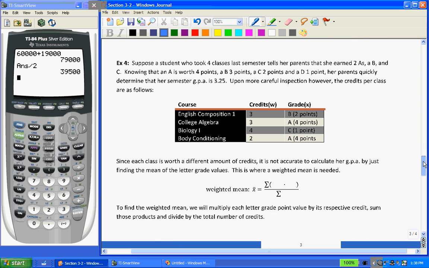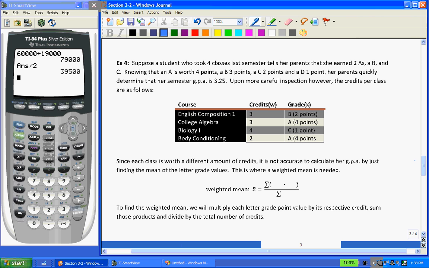Okay, here's something a little bit different, but it still has to do with the mean. Example 4. Suppose a student who took 4 classes last semester tells her parents that she earned 2 A's, a B, and a C. Knowing that an A is worth 4 points, a B 3 points, a C 2 points, and a D 1 point, her parents quickly determined that her semester GPA is 3.25. Upon more careful inspection, however, the credits per class are as follows.